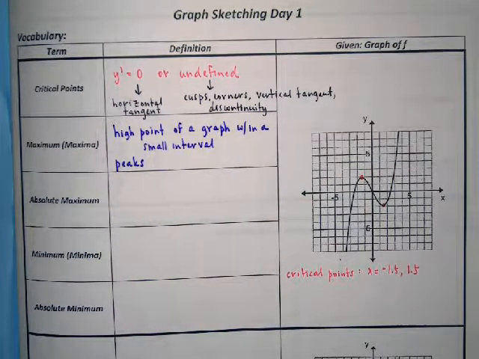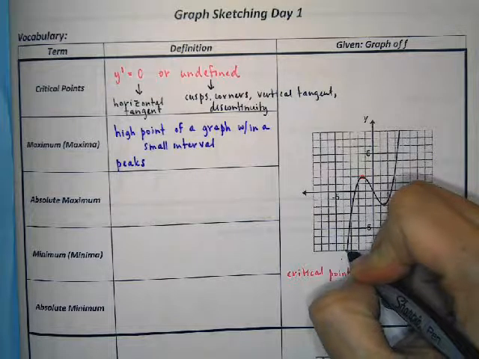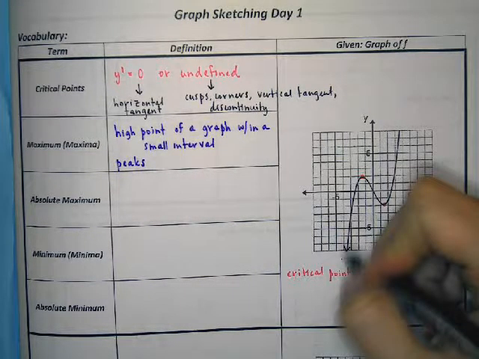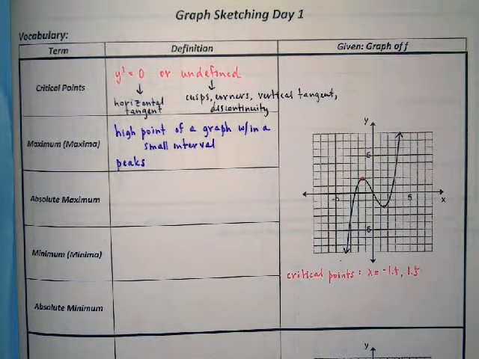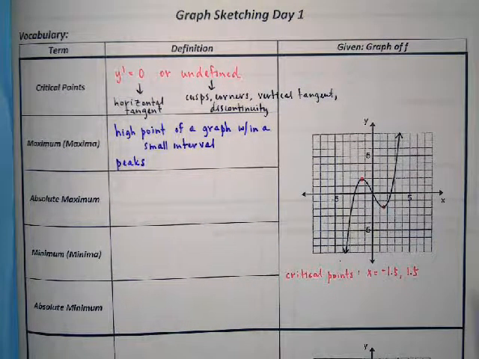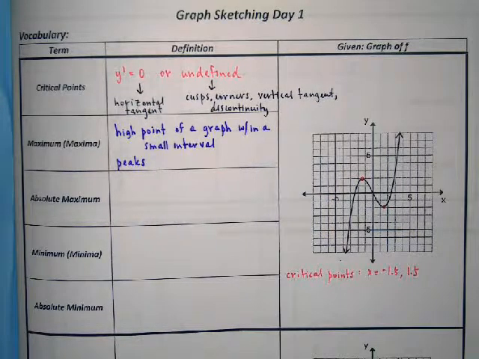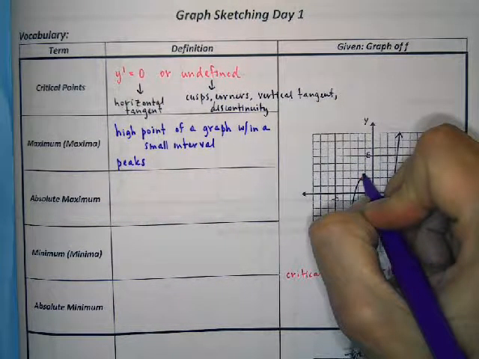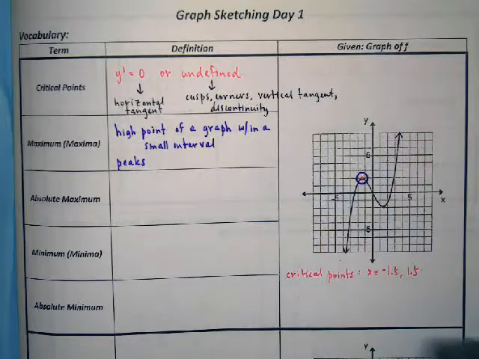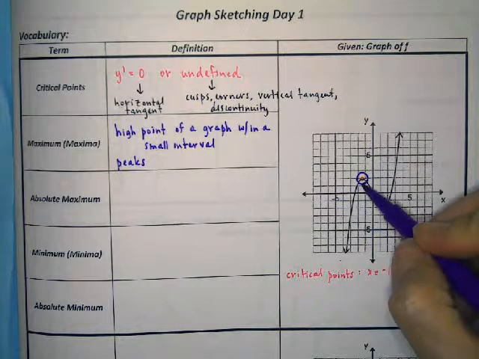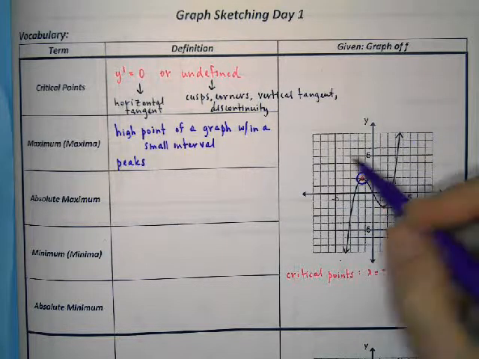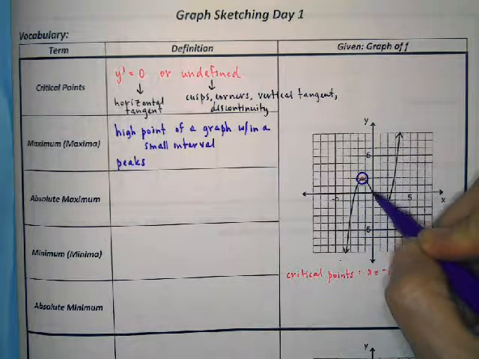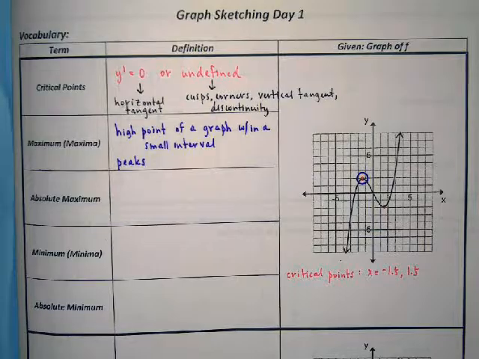Now, I'm going to look at this function, and since we know we have a polynomial function here, I know this is going to go on down to negative infinity, and this is going to go up to positive infinity. When we're talking about maxima, the first point that would be a maximum is right here. Even though that point isn't the highest point on the whole function, within this interval, it's the highest point.